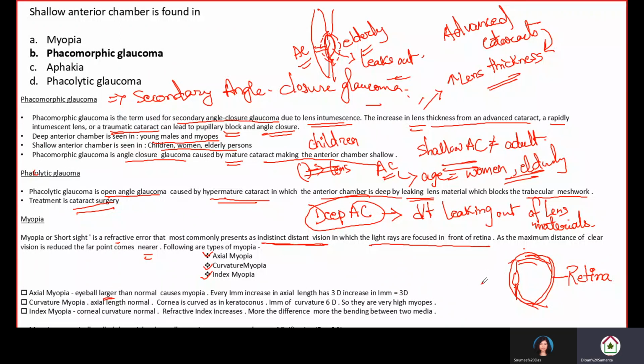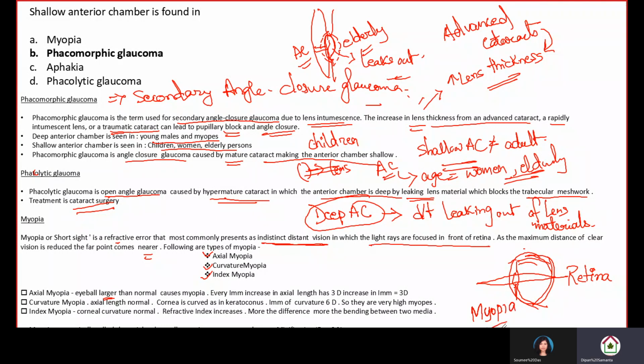Normally the light converges onto the retina. If the convergence and meeting of the two extremes of the light happens before the retina, then it's myopia.